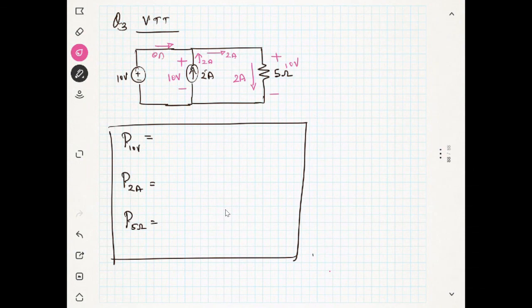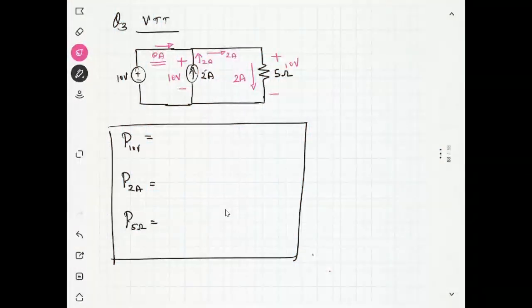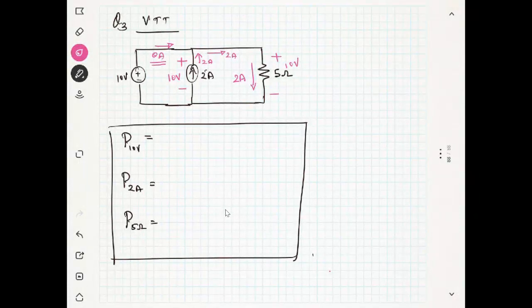No, yes, not 0. Very good. It will be 0 ampere. Now this is very clear. You apply the Kirchhoff law, you will get the answer. I'm not going to apply the steps here. Just from the simple observation, it's very clear.